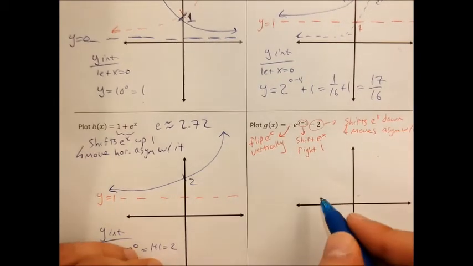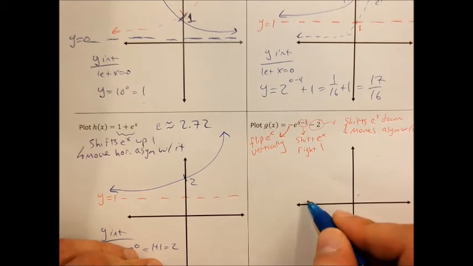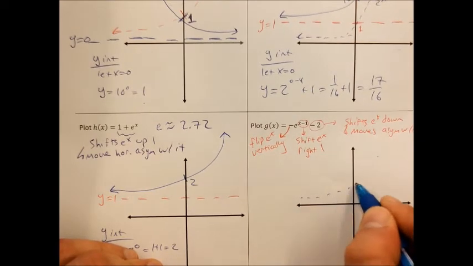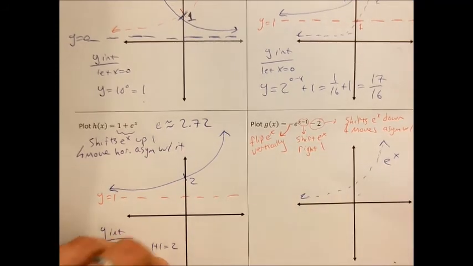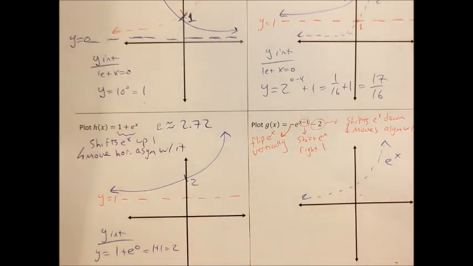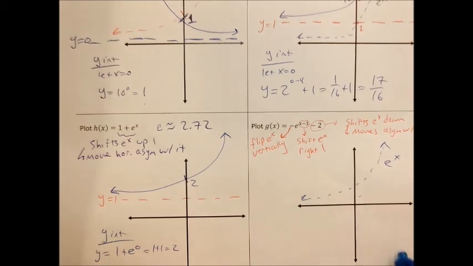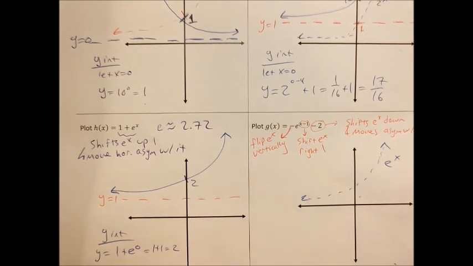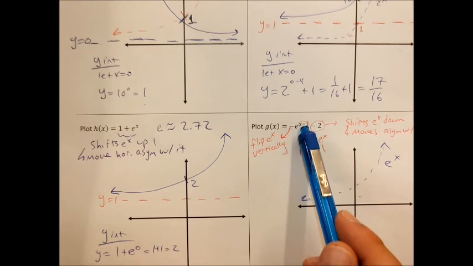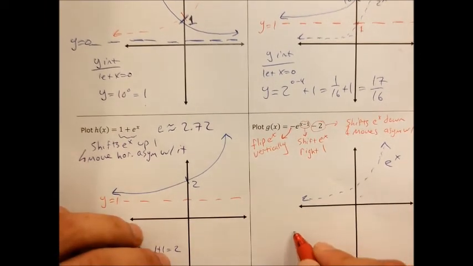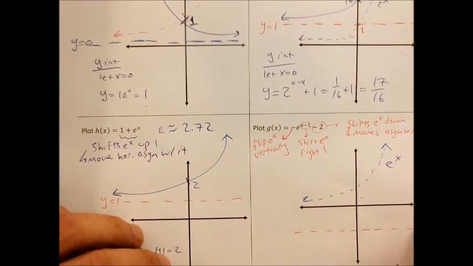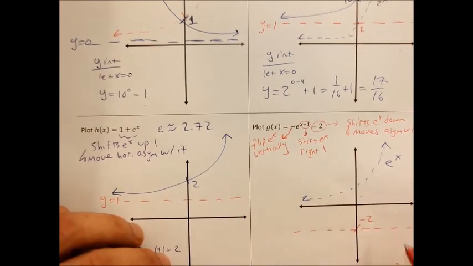So we're starting out with e to the x. I'm just going to draw the base function on this one. That's what normal e to the x looks like. And so we're flipping it upside down, so it's going to be going downwards, right? We're moving it to the right 1 and down 2. So I'll draw in the asymptote right away. I know there's this asymptote here at -2.